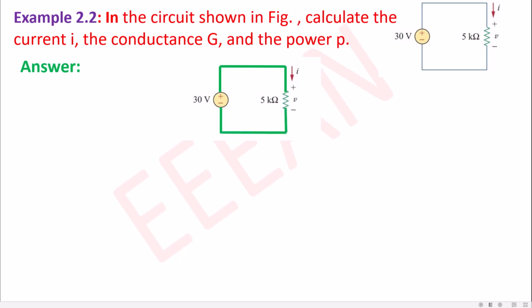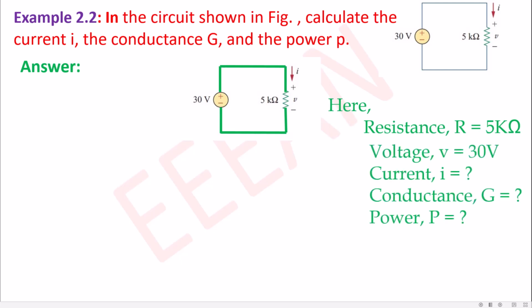So we can say the voltage across the 5 kilo ohm resistance is 30 volt. So here resistance R equals 5 kilo ohm and voltage V equals 30 volt, and we have to obtain the values of current, conductance and power.